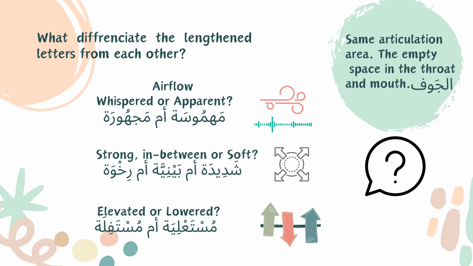Now we know that the lengthened letters share the same exit area. They share the apparent character, jahr, and also the rakhawa, the softness. So they share majhura and rikhwa. What about the sound direction? But I don't mean the sound direction in general. I mean, does the sound move upward and strike the upper palate, so they become elevated letters, or are they lowered letters?